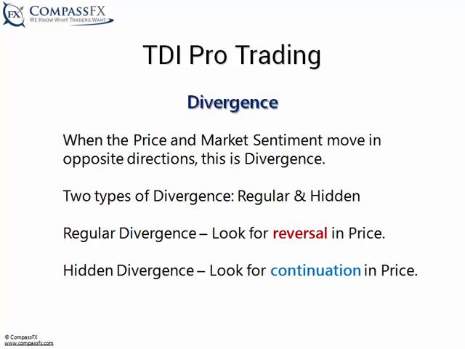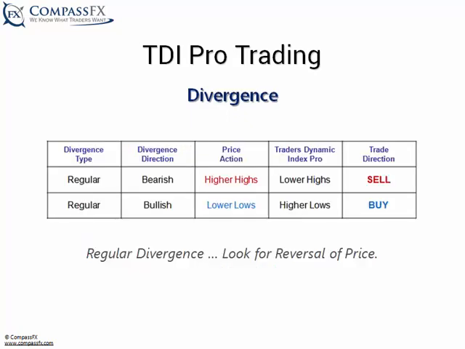So let's take a closer look at each one of these. Regular divergence, what we're looking for is price reversal. So let's take a closer look at this chart. It identifies two types of regular divergence, bearish or negative divergence, and bullish or positive divergence. And this is specifically what we're looking for.